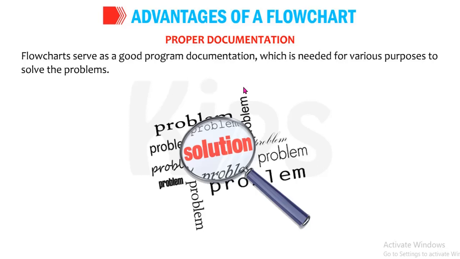Exactly. So which one we can keep as a documentation? Exactly, the picture one, that may be 2-3 pages. They are documenting the story. If it is the same thing in sentences, 20 pages, that is also documenting. So this is the advantage of a flowchart.